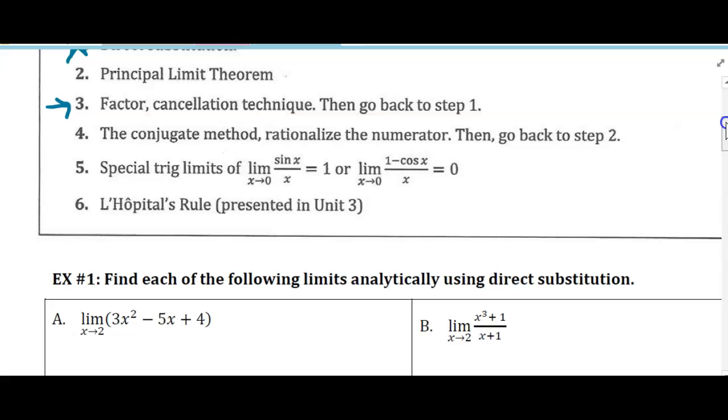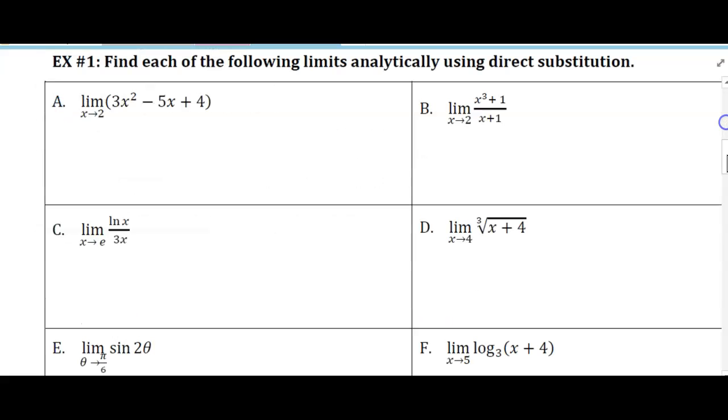But in this first table, A through F, I'm telling you, we just get to use direct substitution. What that means is simply, if we're trying to evaluate the limit as x approaches 2, we're just going to be plugging in 2 for x anytime we see it in this function.